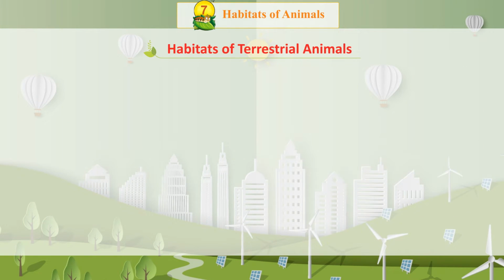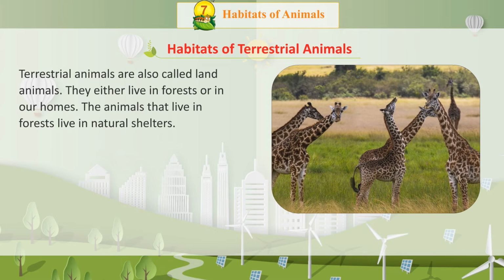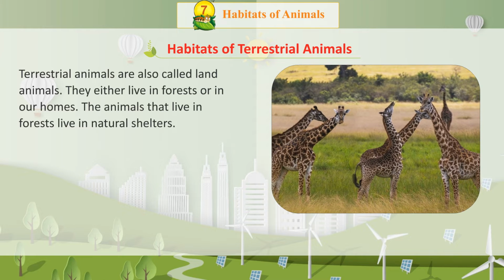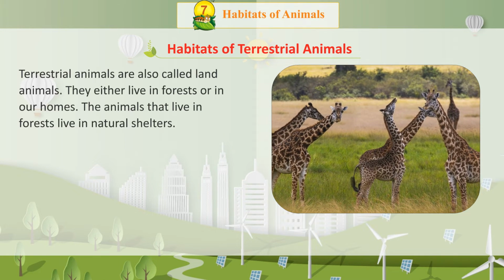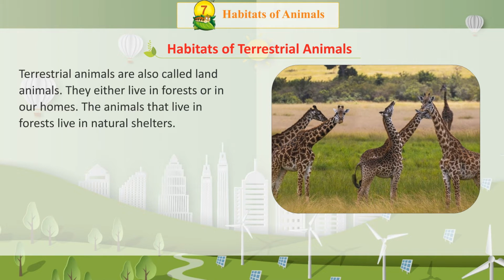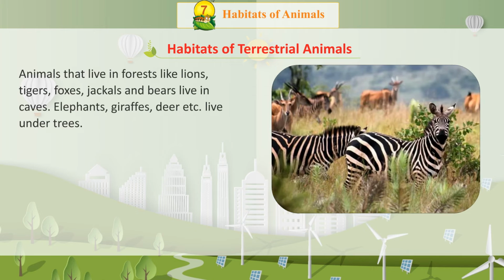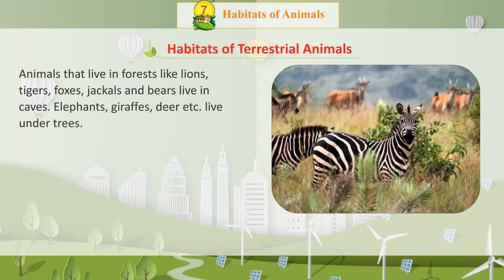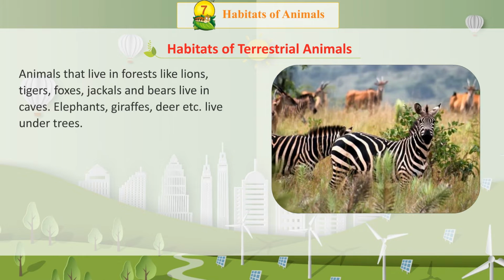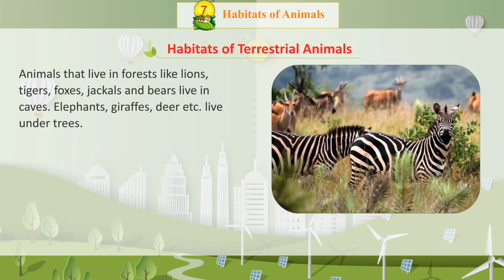Habitats of terrestrial animals. Terrestrial animals are also called land animals. They either live in forests or in our homes. The animals that live in forests live in natural shelters. Animals that live in forests like lions, tigers, foxes, jackals, and bears live in caves.